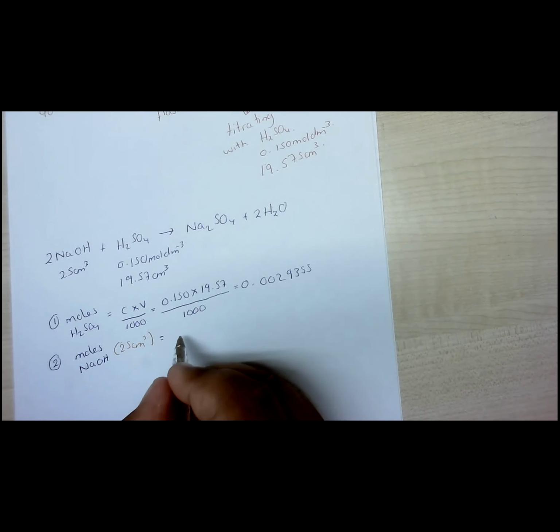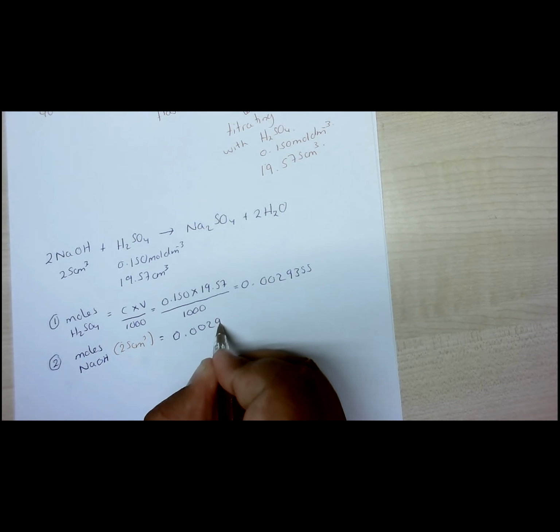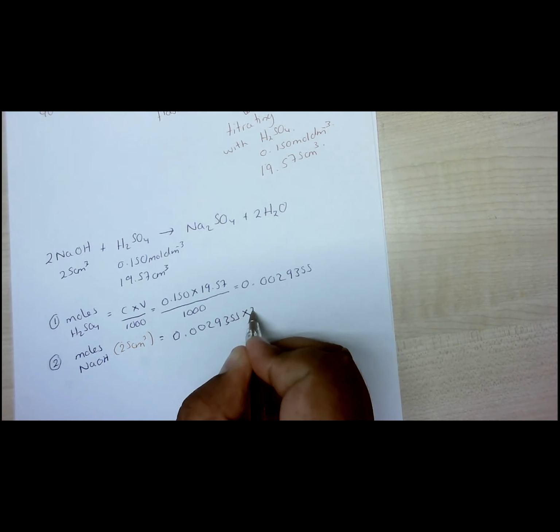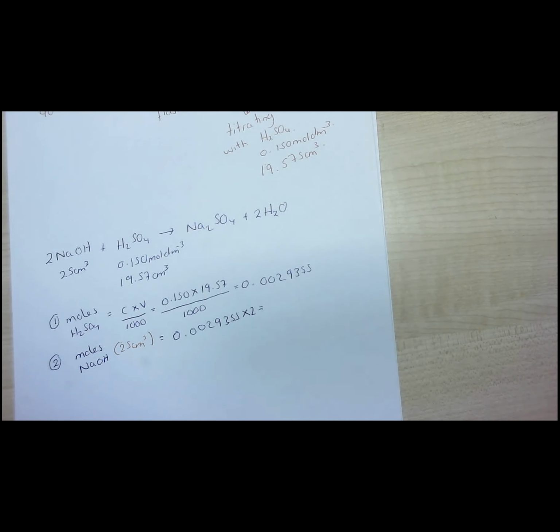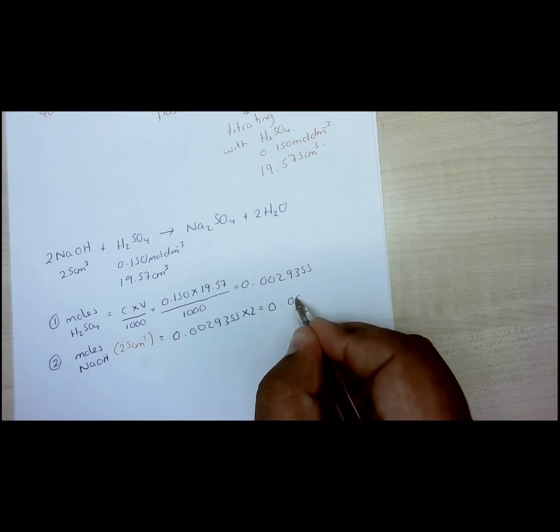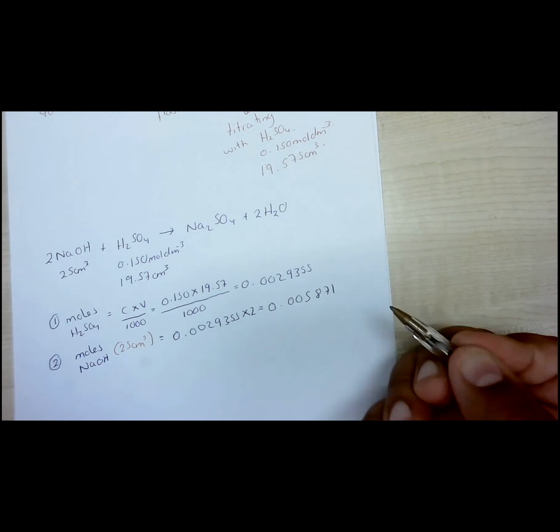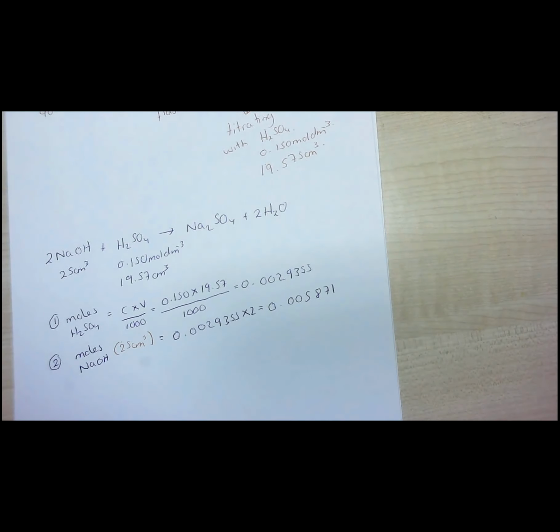So 0.002935 times 2 gives 0.005871. That's the moles of sodium hydroxide in 25.